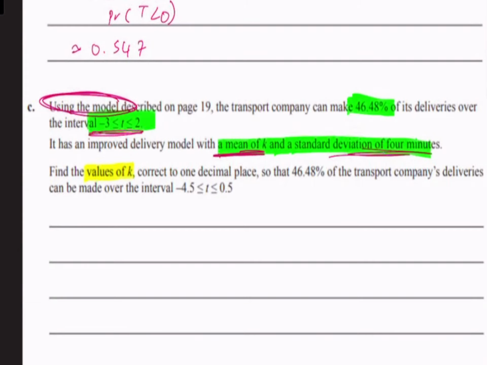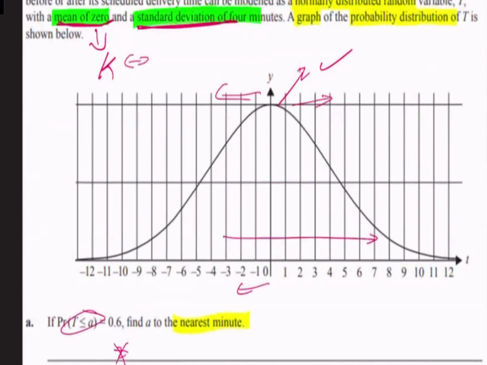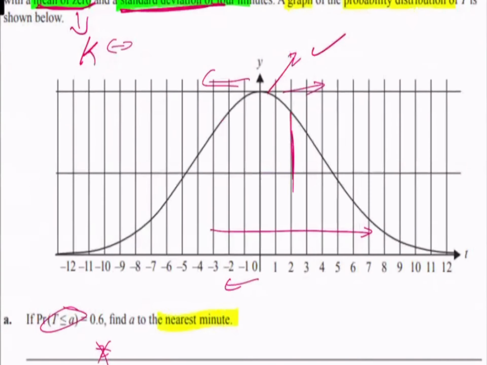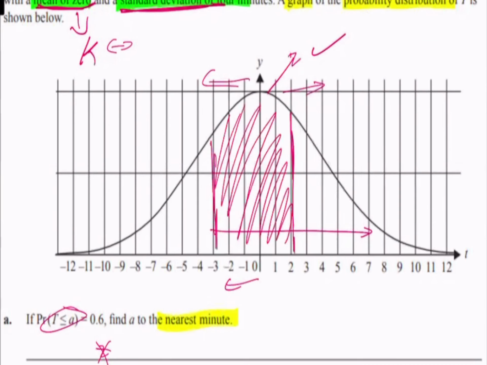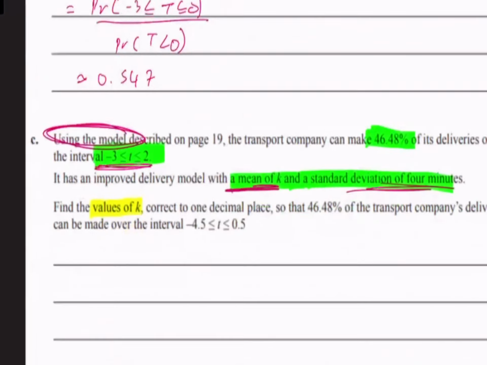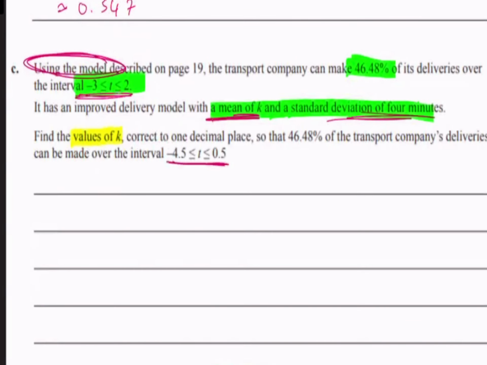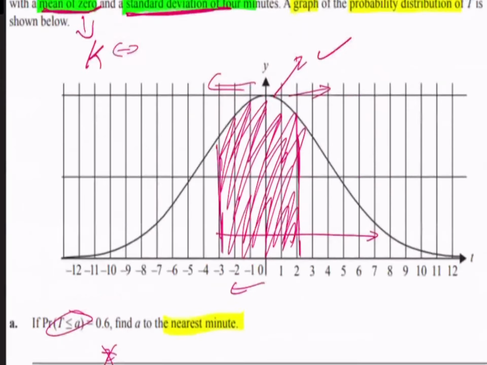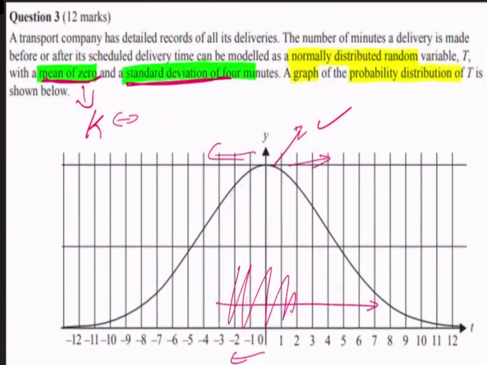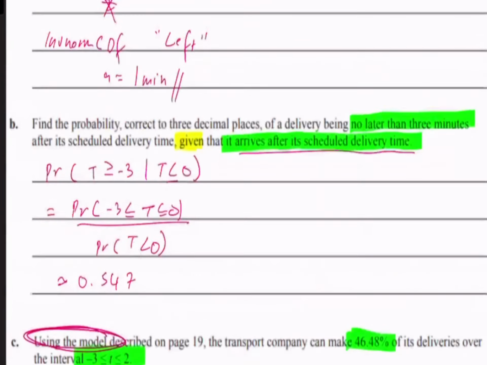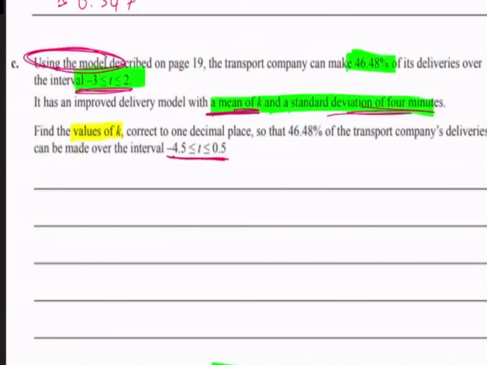If the same probability between -3 and 2, so between here, we're given this probability is the same, except now it's between -4.5 and 0.5. So basically, we're trying to find the x translation of the graph that caused this.